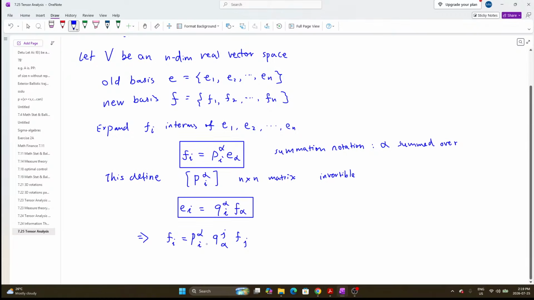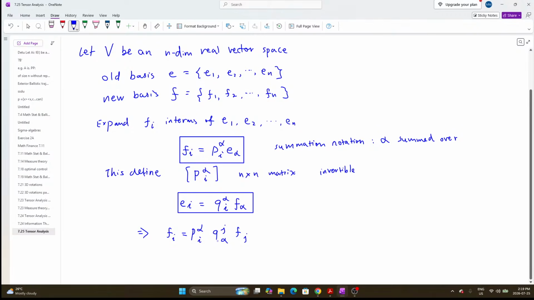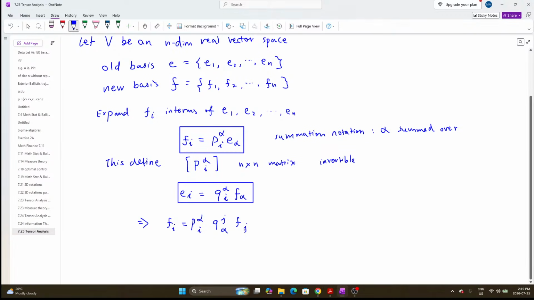Here in this equation, there are two summations: over alpha and over j. But since Fi is just the Kronecker delta Ji Fj, together you get the relationship between P and Q and delta, which is P alpha I Qj alpha equals delta Ji.